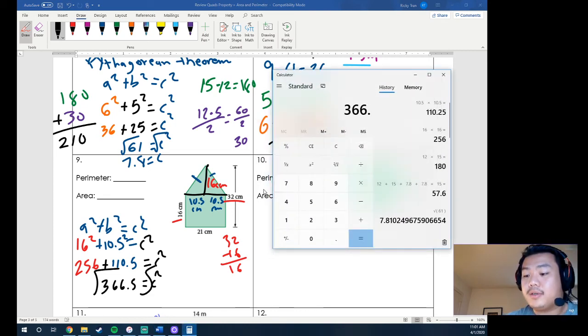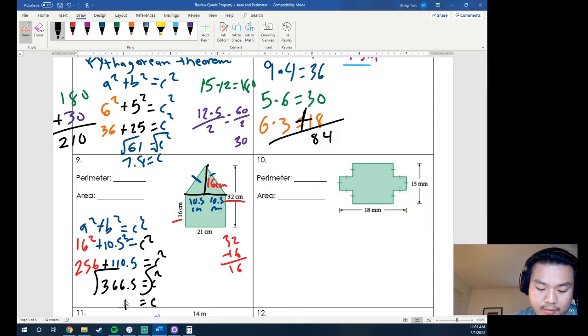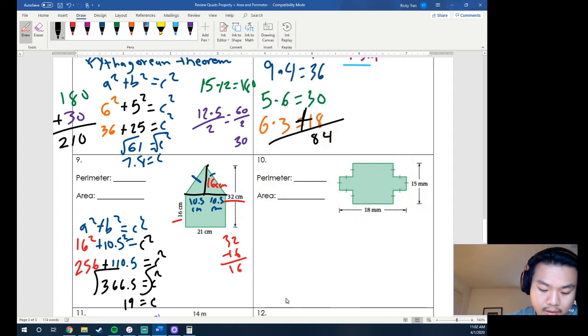So 366.5, and we take the square root of that. c is equal to 19.1. All right, so we have here 19.1, 19.1. And in order for us to get the perimeter, we're just going to take this 19.1 plus 19.1 plus 21 plus 16 and 16 on this side as well.